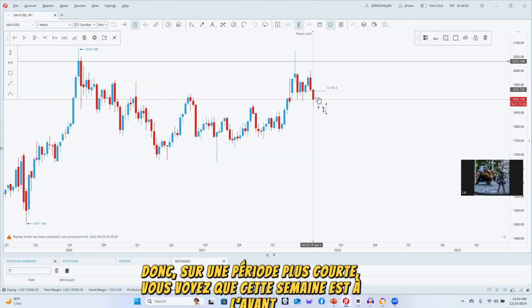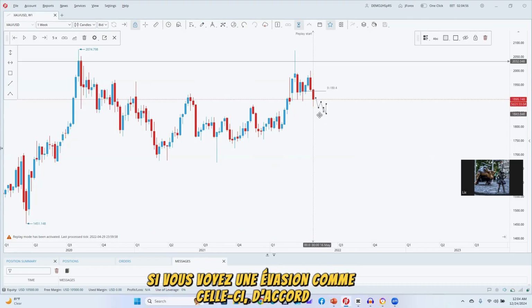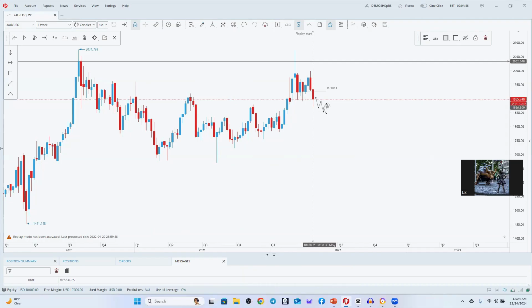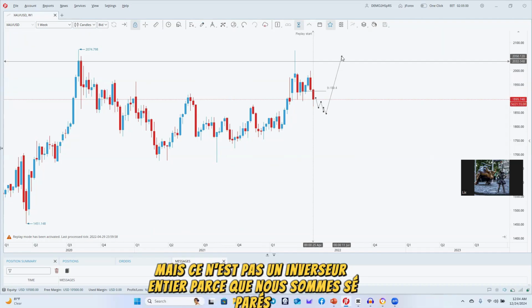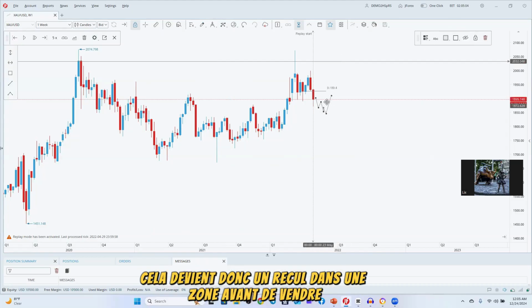You see this is weekly. So on a 4 hour, if you see a breakout like this, it's a reversal pattern, but it's not an entire reversal because we have broken out. So this becomes a pullback into a zone before we sell. So that's what I meant.